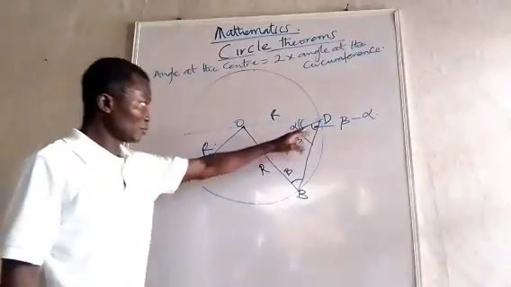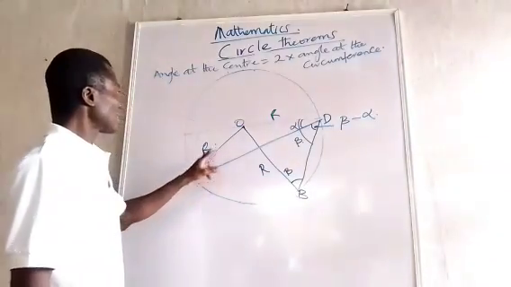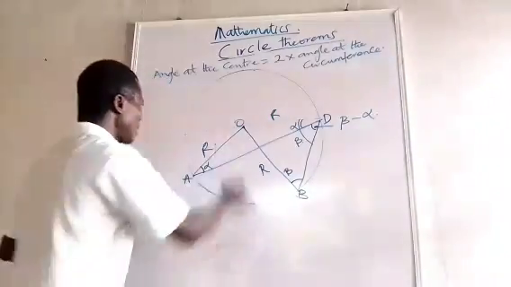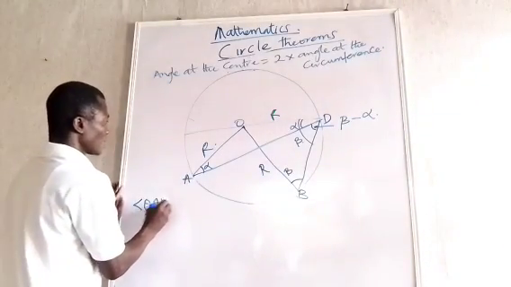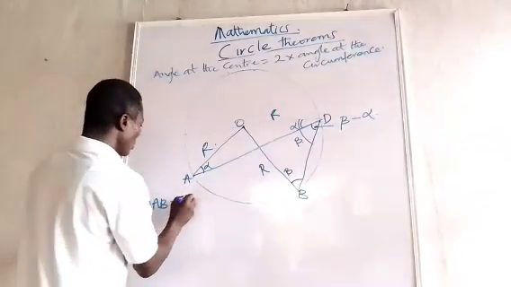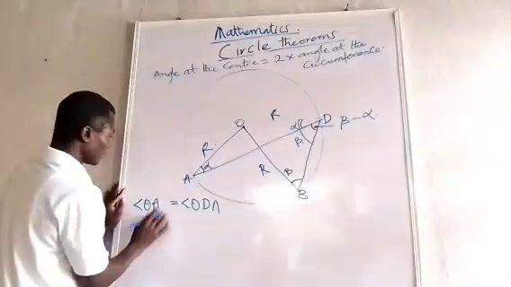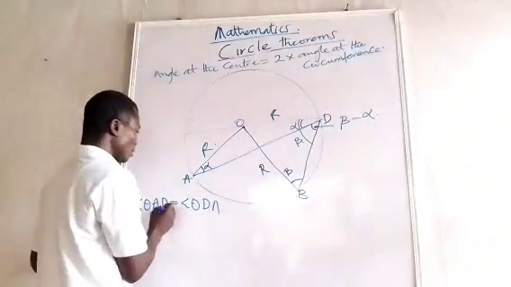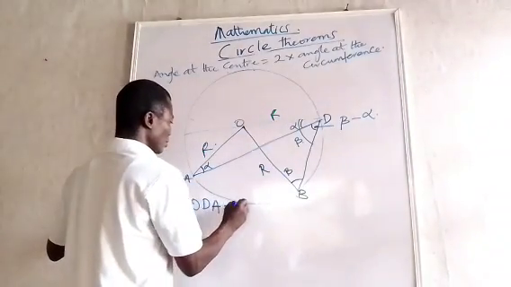Let's see what it will be. Now, since this place is alpha and alpha, let me write it down. Angle OAD is equal to angle ODA is equal to alpha.